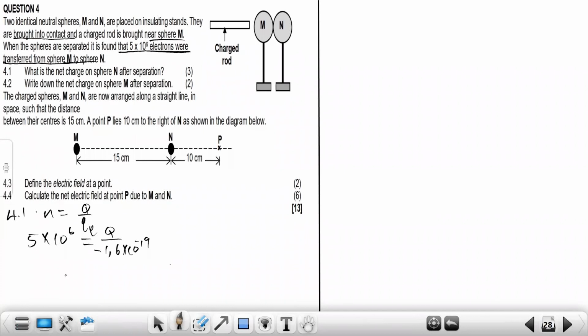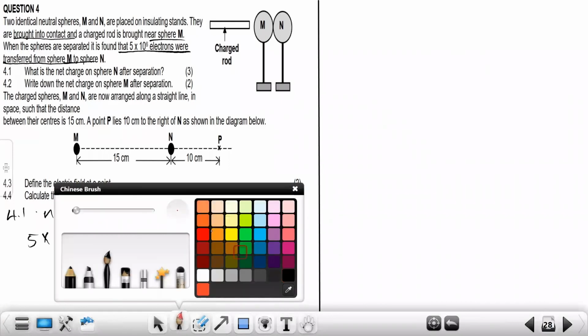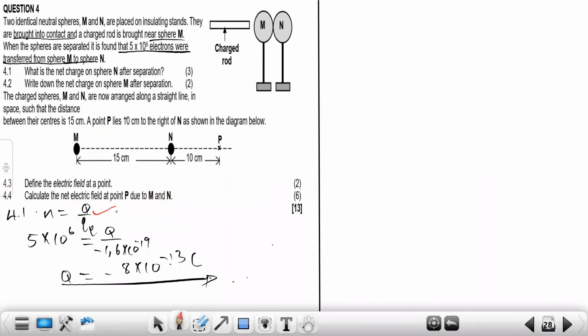Then we do the mathematics, and Q is negative 8 multiplied by 10 to negative 13 coulombs. Then this is your nice, easy 3 marks: 1 for the formula, 1 for the substitution of everything, then 1 for the final answer.